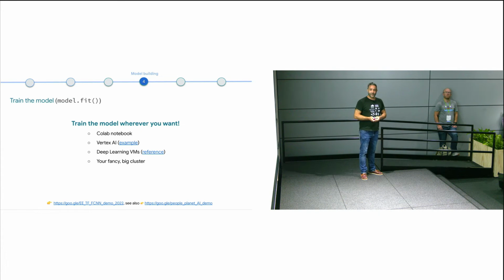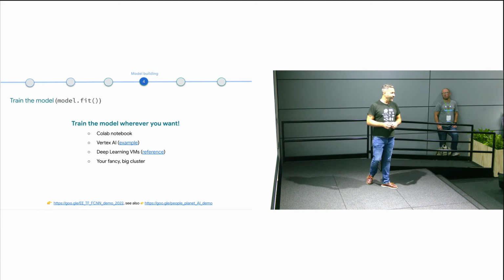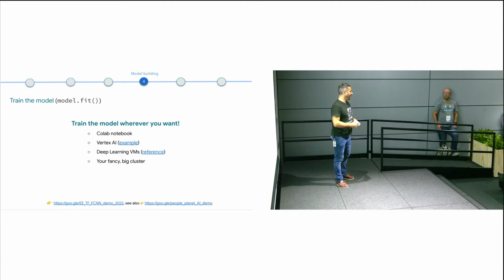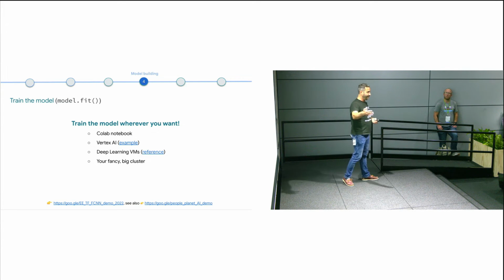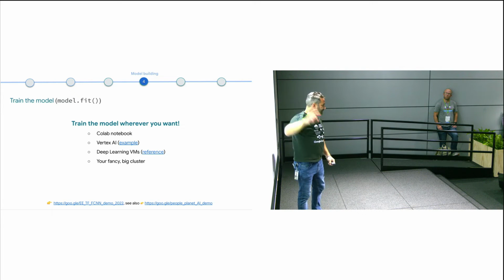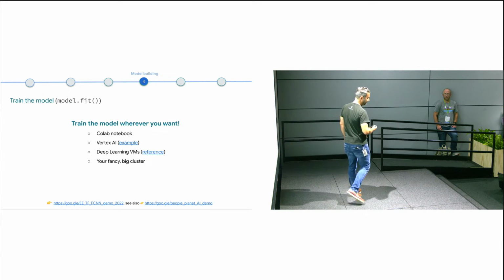Or you can use a deep learning image, which fires up a VM for you, which has all the right software already pre-installed in it. You start up a Jupyter Lab server on the deep learning VM, connect to it, and then do your thing that way. It's like Colab, but you have control over the size of the VM that you're using.